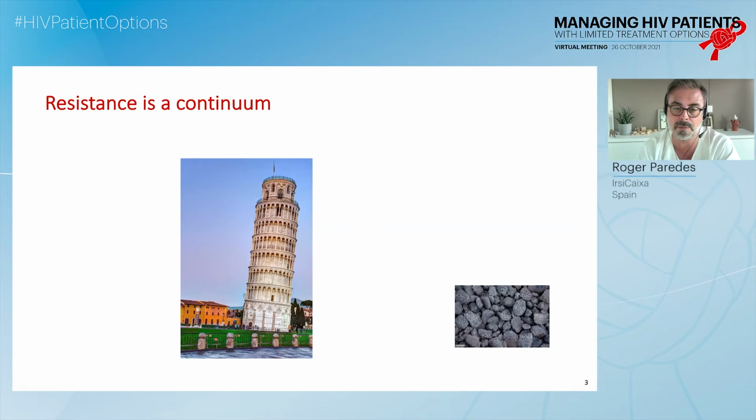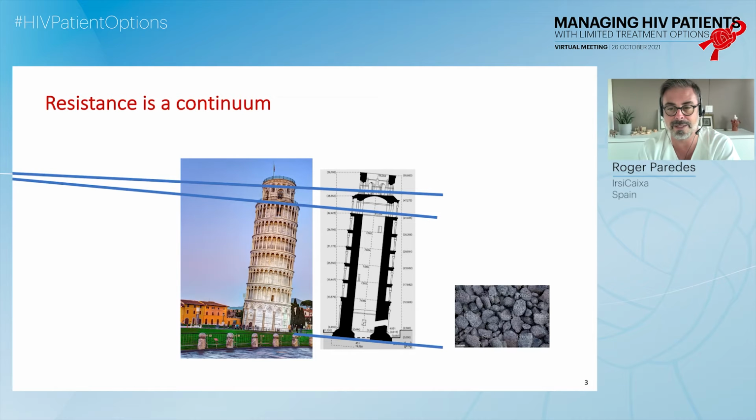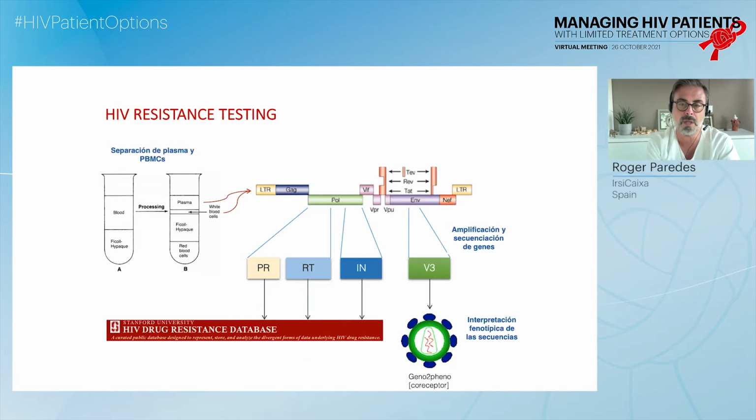This is the Pisa Tower, which was built slightly tilted, and in order to solve the issue, the architects and the builders made another tilt. If the virus keeps evolving and keeps accumulating mutations, there could be a situation where this Pisa Tower might fall.